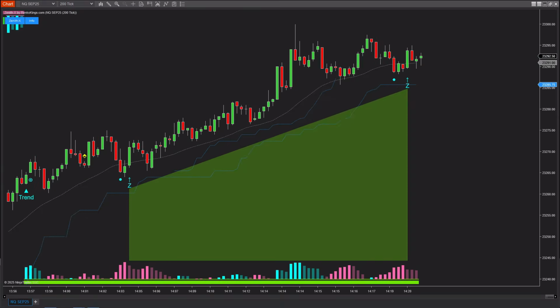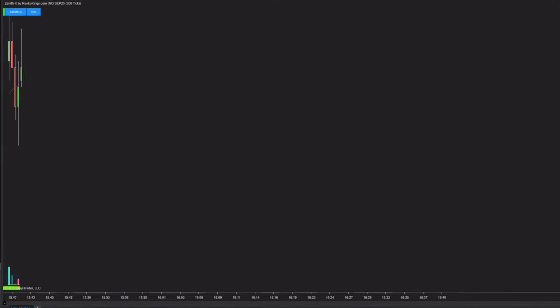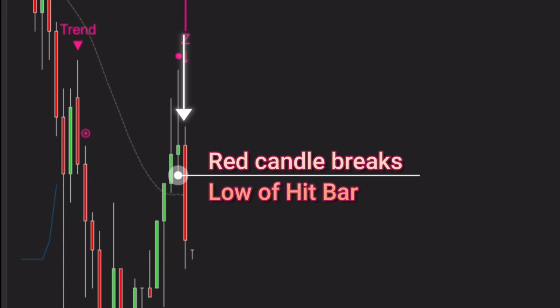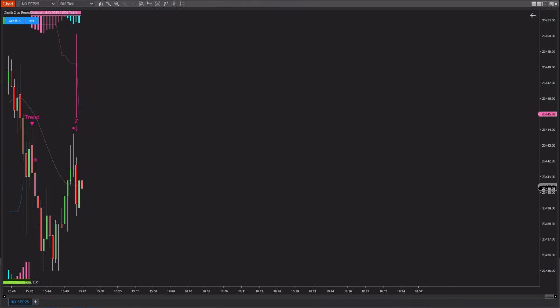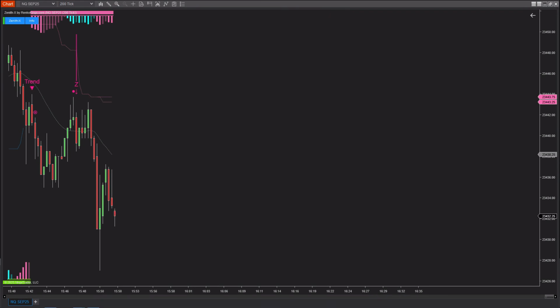In a downtrend, the system uses a similar process to identify a sell signal. After detecting the hit bar, a green candle with its body above the fast MA and the lowest low, it monitors the next few candles within the signal pullback finding period.